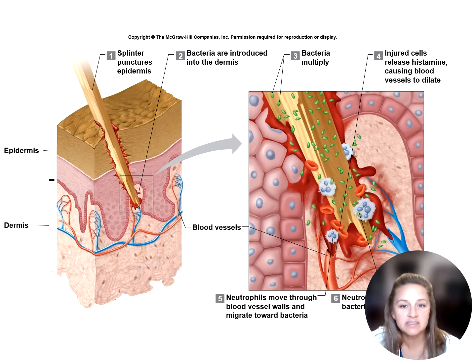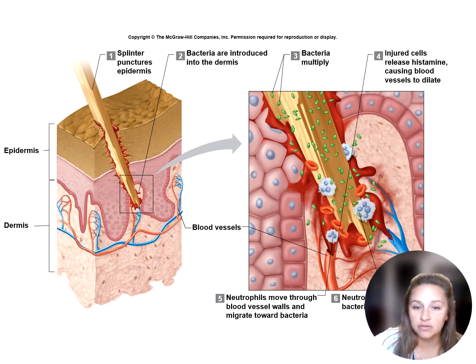What happens is the bacteria that was on this splinter will multiply, and the injured cells around this splinter are going to release histamine into the blood. This histamine is an injury response, and this causes the blood vessels to dilate, and when the blood vessels dilate, this is bringing more blood to that area.